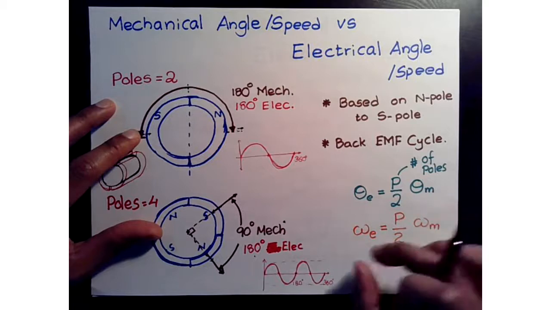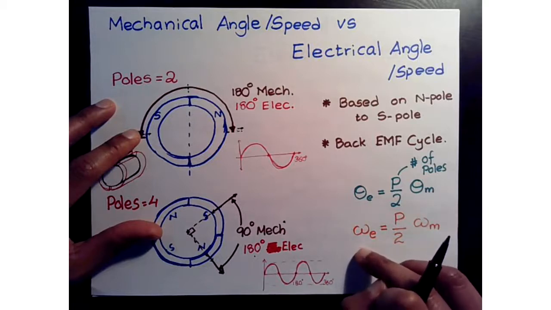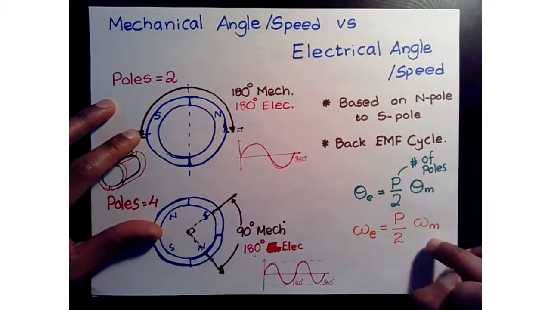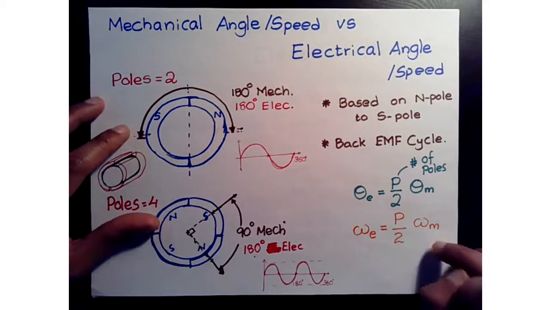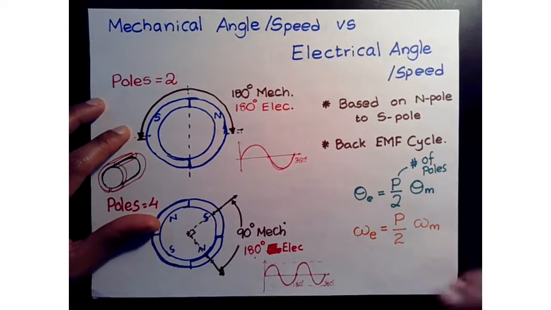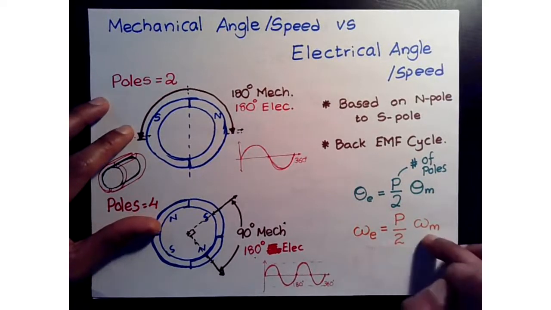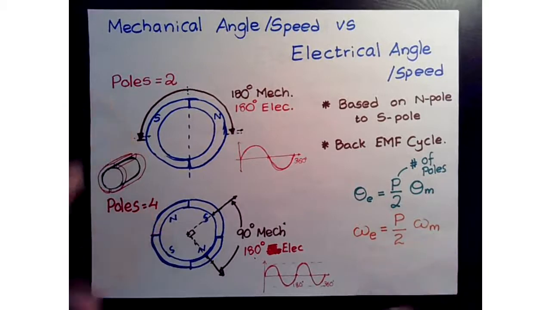Okay, so depending on the frequency that you apply, now you can control the mechanical speed. So this is basically how we change the speed of a synchronous motor, because we can now control that mechanical speed based on our electrical speed. Okay, it does not depend on load. We can control that frequency and control the mechanical speed.